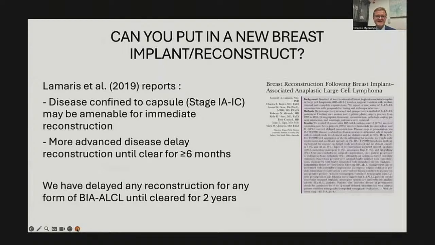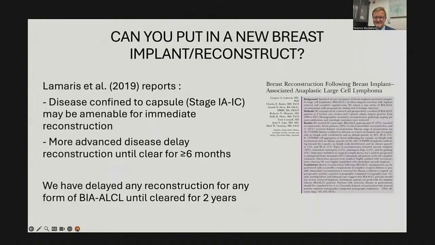So this is a nice report from 2019 involving our colleagues from MD Anderson, from University of Toronto, as well as from Australia. What they found was that for early stage disease, disease confined to the capsule, it was appropriate to immediately place a new breast implant or flap at the same operation.